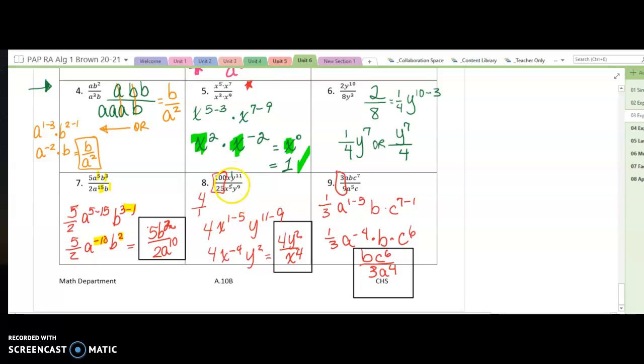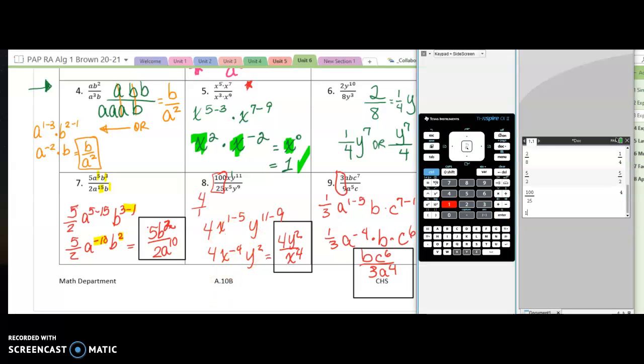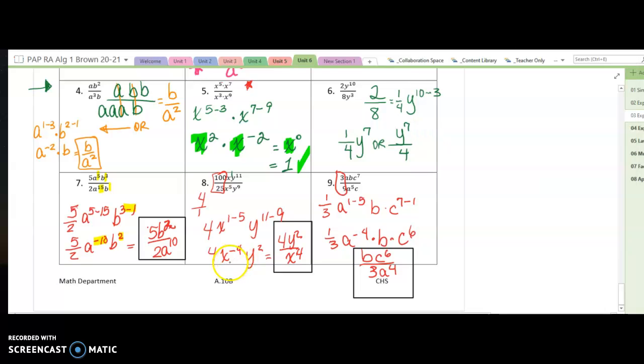I have to subtract the 5 from the 1. And then y, 11 minus 9. 11 minus 9 is 2. 1 minus 5, we'll use our calculator. 1 minus 5, that's our negative 4. Okay, this negative 4 is not happy up top, so he has to go on the bottom. Okay, y squared stays on top, 4 stays on top.